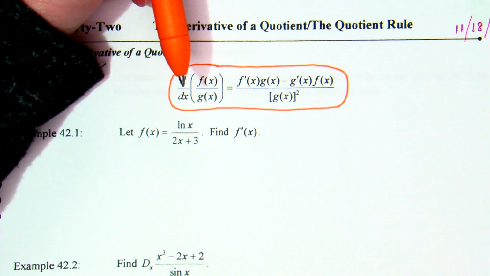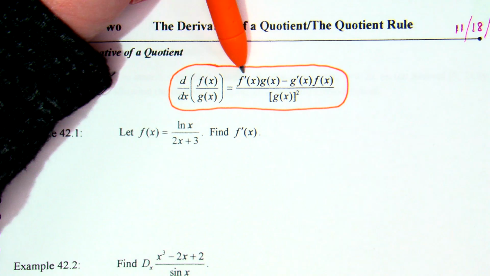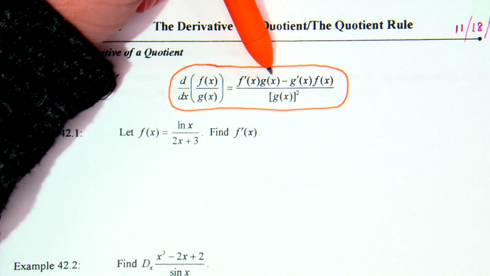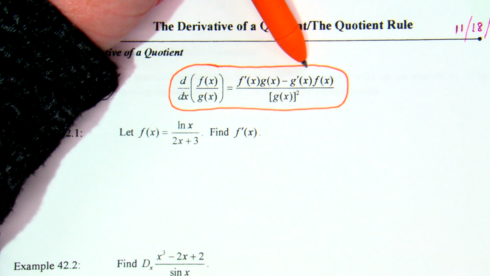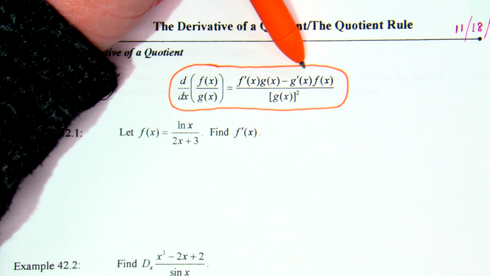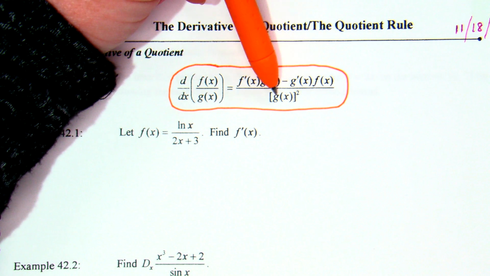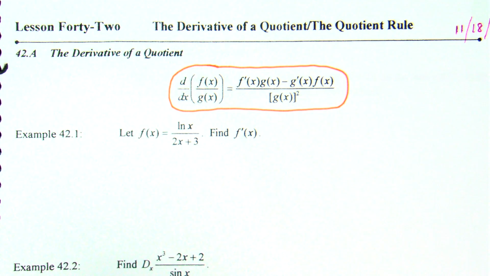So let's put that into terms that you guys are going to use. F prime of x, so derivative of the top times the bottom, or derivative of the numerator times the denominator as is. Notice since it's a quotient rule, it's a minus. And now reverse it. Derivative of the denominator times the numerator as is. All over the denominator squared.